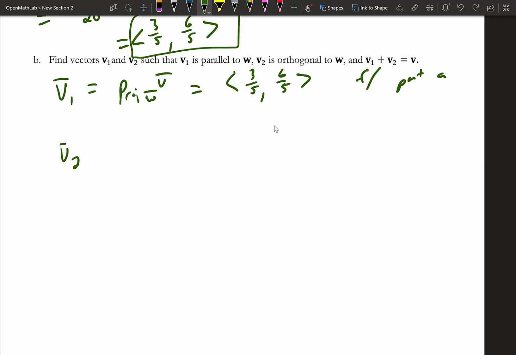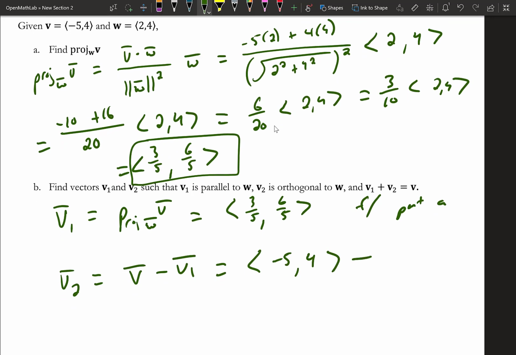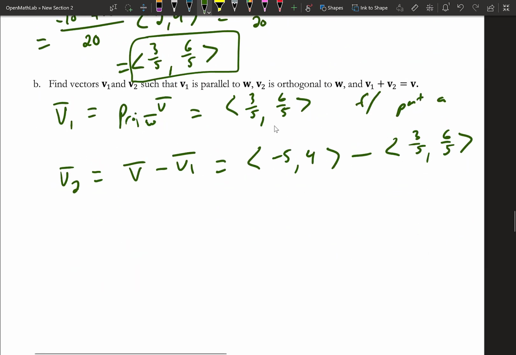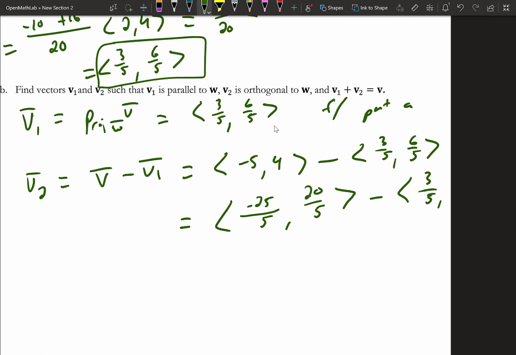So then vector v2, remember, is vector v minus v1, right? So vector v is -5, 4, and v1 is 3/5, 6/5. So we can get a common denominator, so this would be -25 over 5, 20 over 5, because everything in my second vector has denominator 5.